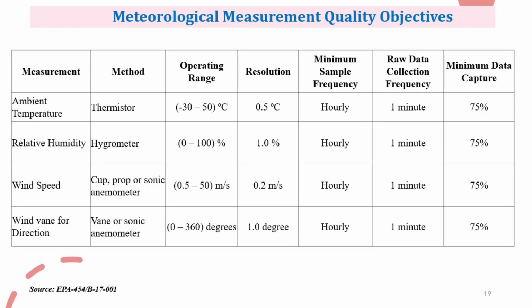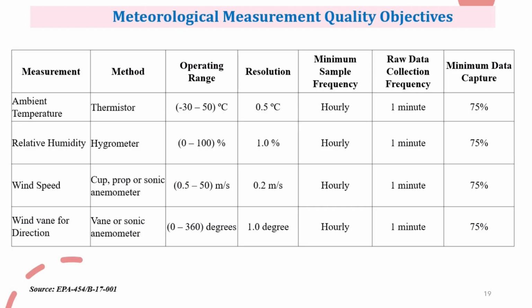Here, we have a table that outlines our meteorological measurement quality objectives, detailing the key parameters for monitoring environmental conditions. For ambient temperature, we'll use a thermistor with a range of -30 to 50 degrees Celsius and a resolution of 0.5 degrees Celsius. Relative humidity will be measured with a hygrometer covering 0 to 100% with a resolution of 1%.